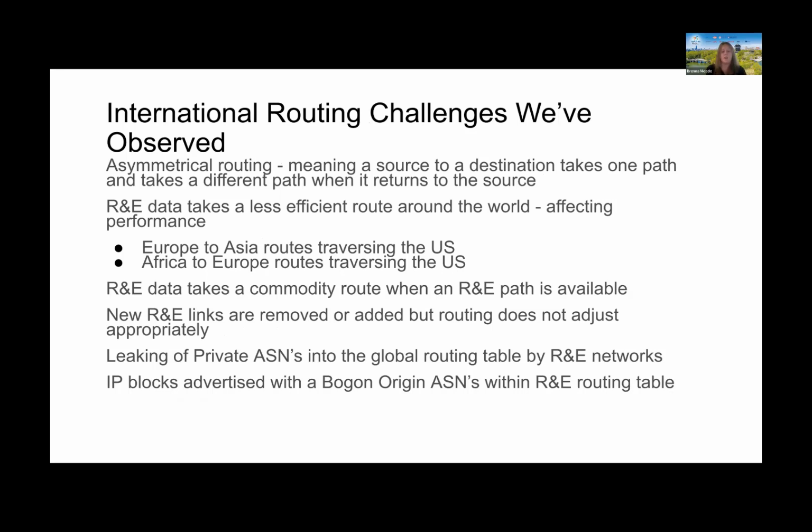RNE data that takes the commodity route when the RNE path is available. New RNE links removed or added, but routing does not get adjusted appropriately. Leaking of private ASNs into the global routing table by RNE networks, and IP blocks advertised with a bogon origin ASNs within the RNE routing table.